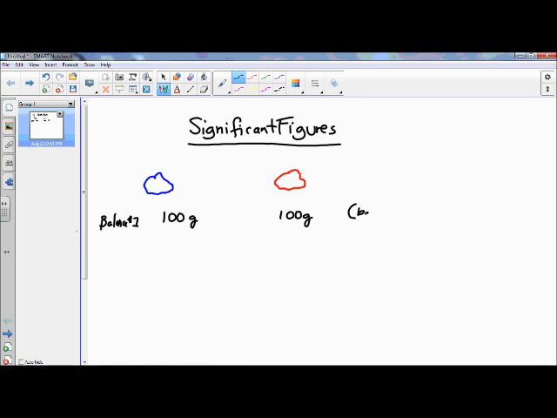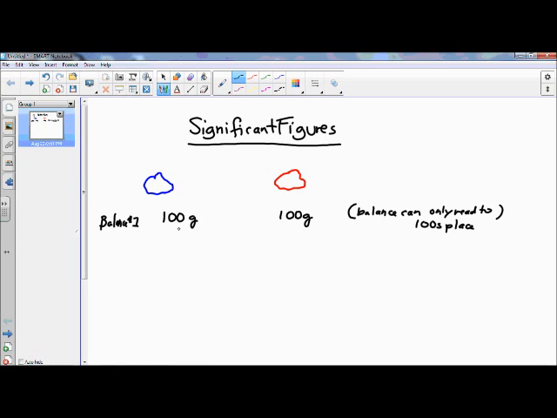Now, if our balance can only read to a hundreds place, that means that it can't read any information here.